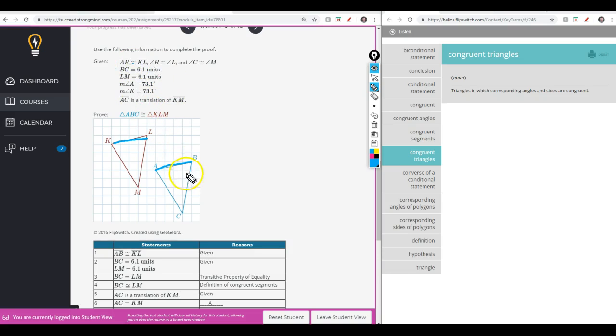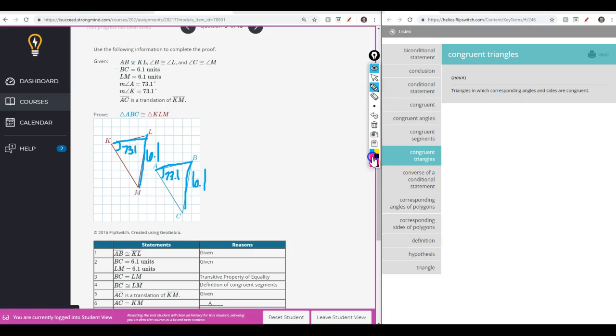We had that BC had a distance of 6.1 and LM has a distance of 6.1, and we had that angle A is 73.1 degrees and angle K is 73.1 degrees.